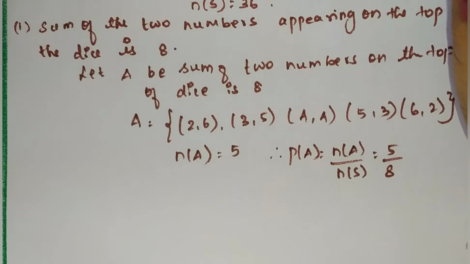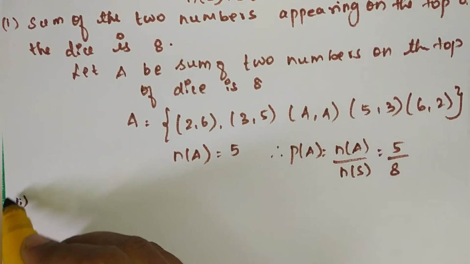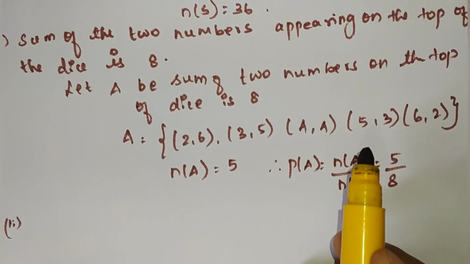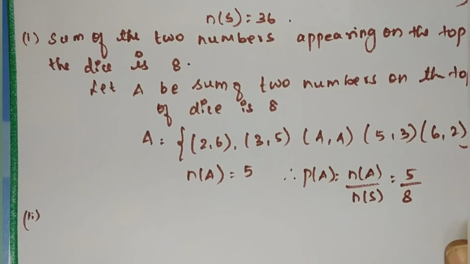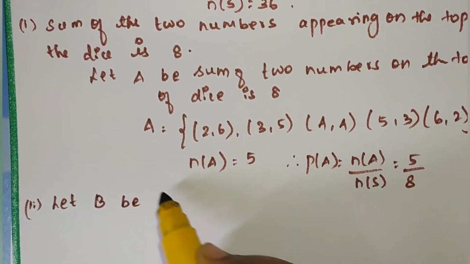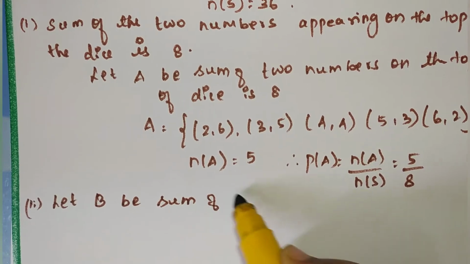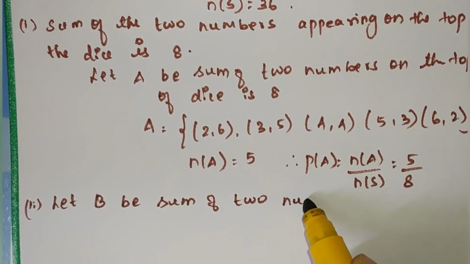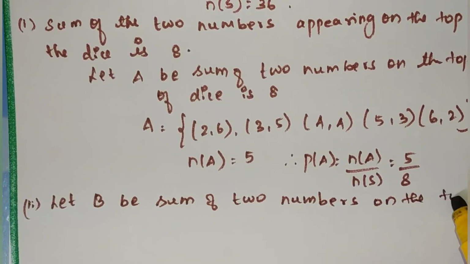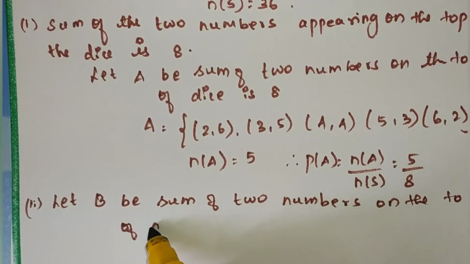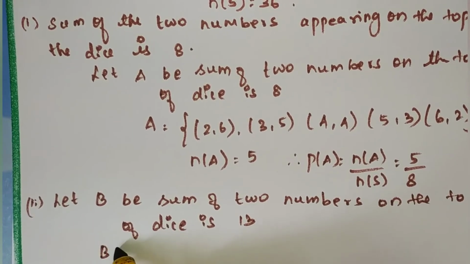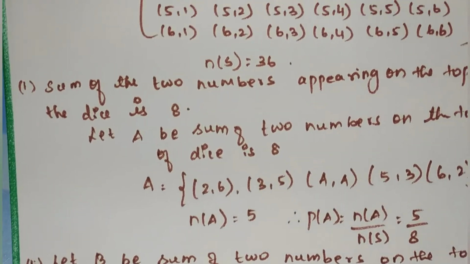Clear? And then next what we have to find, the same thing, the sum of the two numbers appearing on the die is 13. That must be 13. Okay, let B be the sum of two numbers on the top of the die is 13. So what are all the numbers we have? 13.